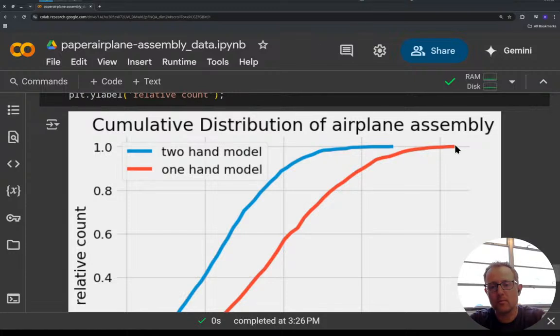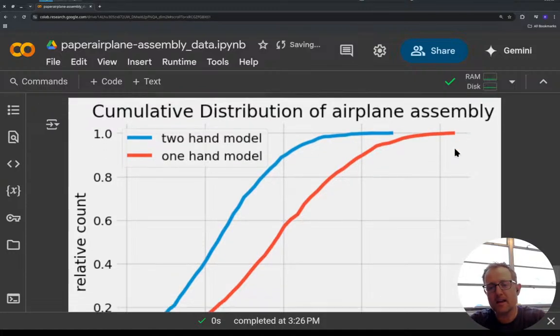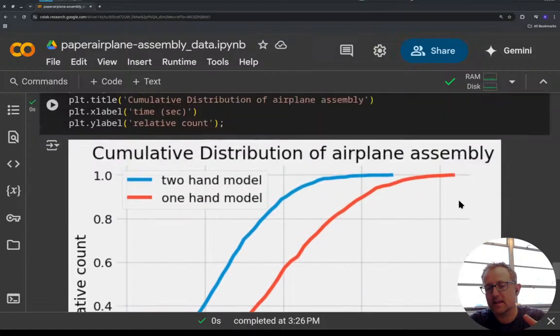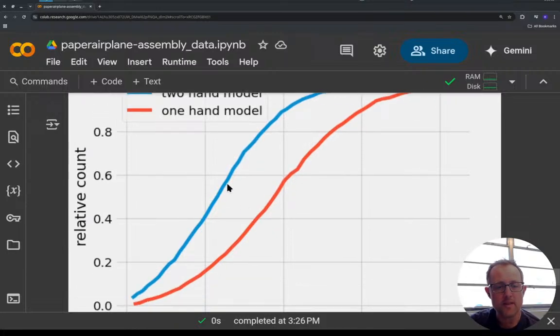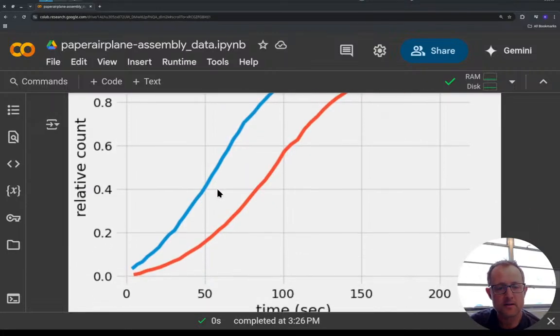And then meanwhile, my one-handed model is more like 200 seconds, where I can't say for sure that it won't take 200 seconds for a plane to be built. And then if we come down here on average, what the difference was, here it's again like 60 seconds. It's just the mean of what we measured. And then over here, it's 90 seconds. So there's that 30-second gap between the two.